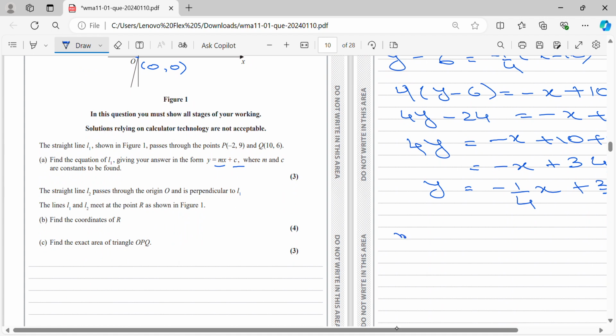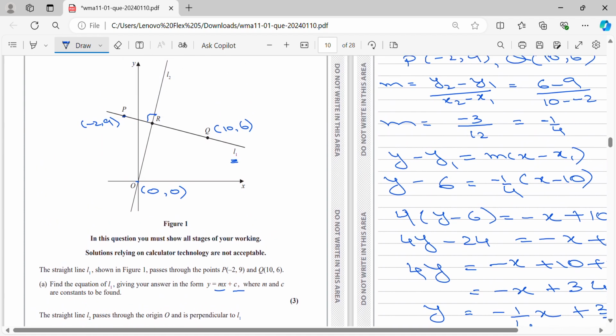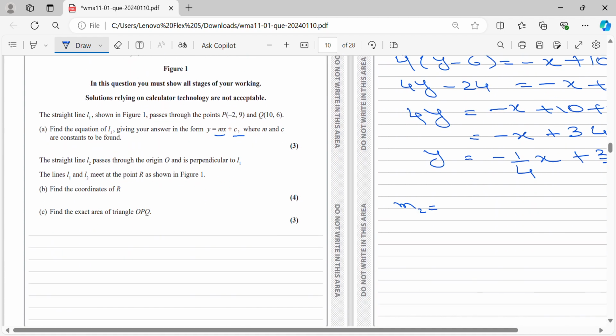The gradient for L1 was minus 1 over 4, so the negative reciprocal, the gradient of the perpendicular line, would be 4.